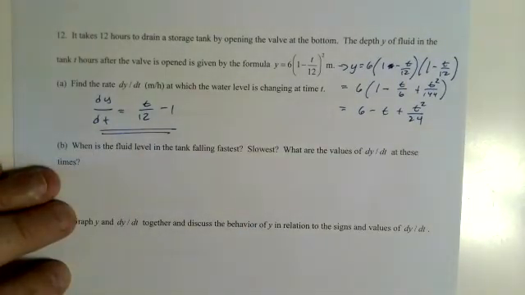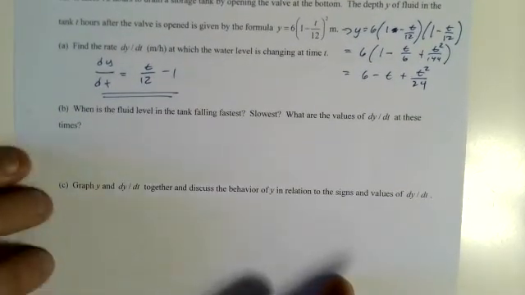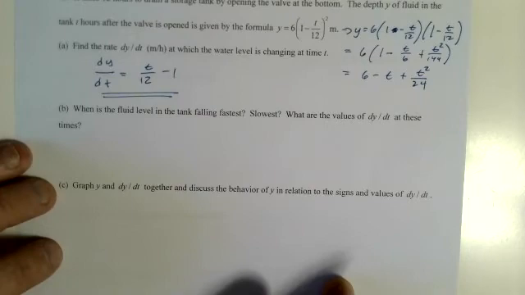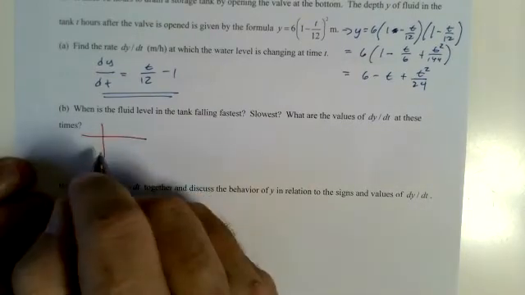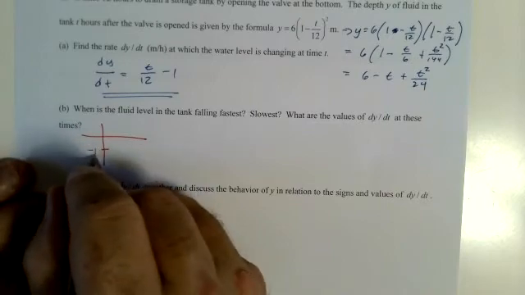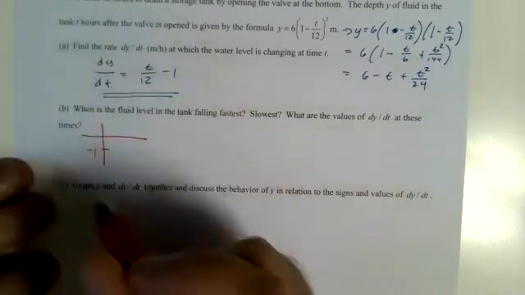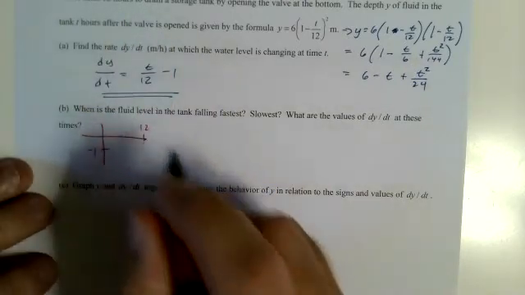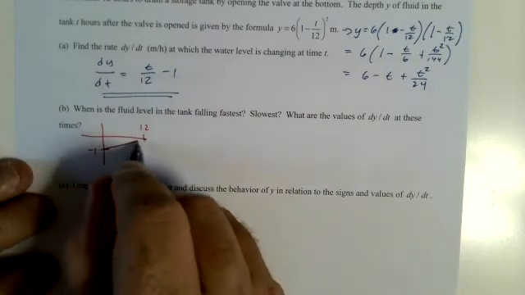That's hard. When is fluid level in the tank falling fastest, slowest, right? Well, we graph it. And 12 hours. So go out here to 12. Takes 12 hours to drain, sure does. That's when its velocity is slowest.